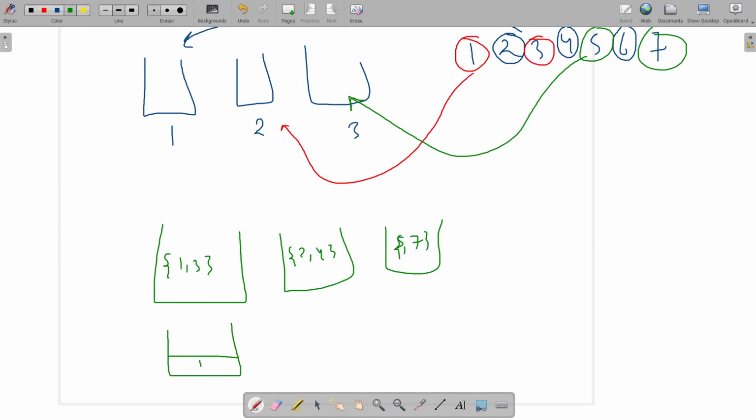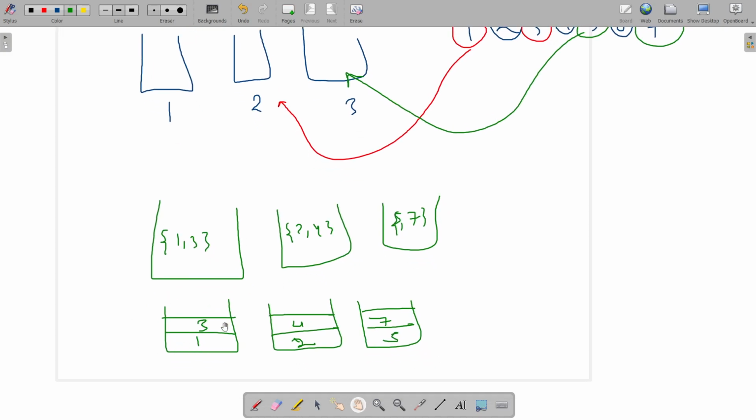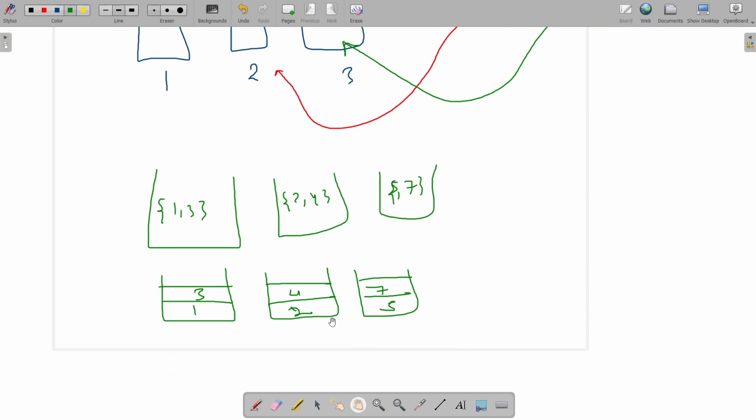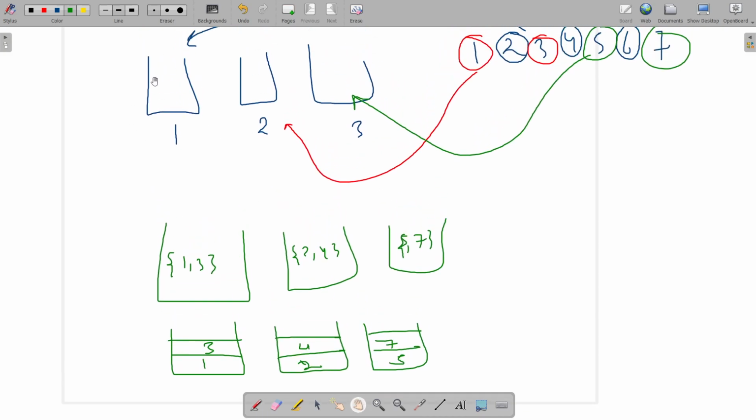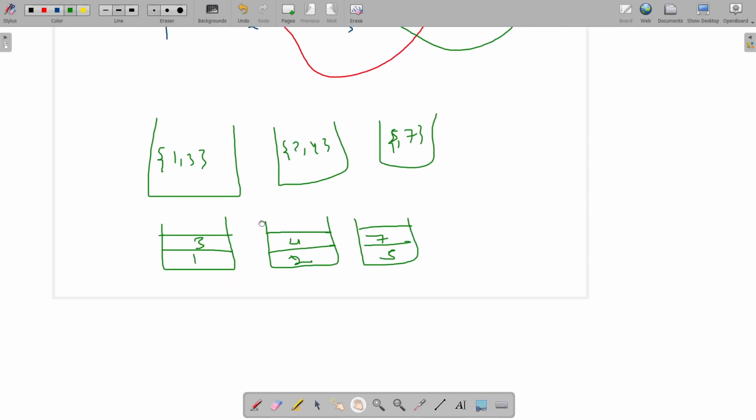So 1 will be at the bottom, 3 will be at the top. 2 will be at the bottom, 4 at the top, and 5 at the bottom, 7 at the top. Basically, whatever is the largest element assigned to a particular stack will be placed at the top. Also, the stacks can be empty, so you might not add anything to the first stack.